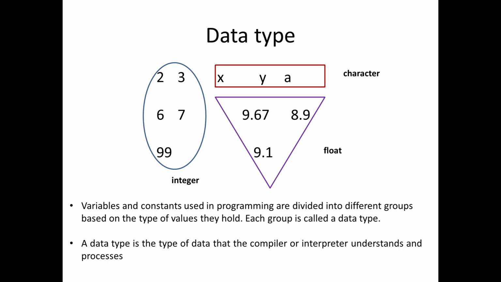We can have an alternative definition of a data type. It is a type of data so that a compiler or interpreter can understand what data is being used by a programmer while constructing the programs.